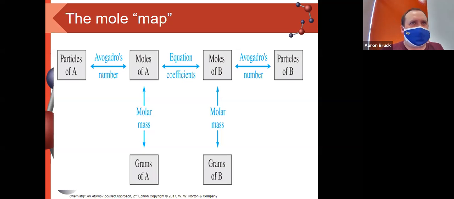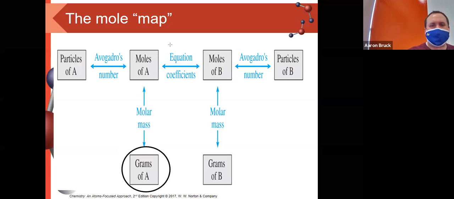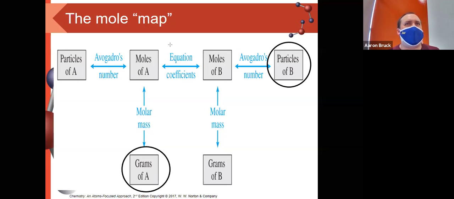There are a number of different names for this. What I like about this is this allows me to show how I can get from one substance to another substance simply by following the calculations between the circles.